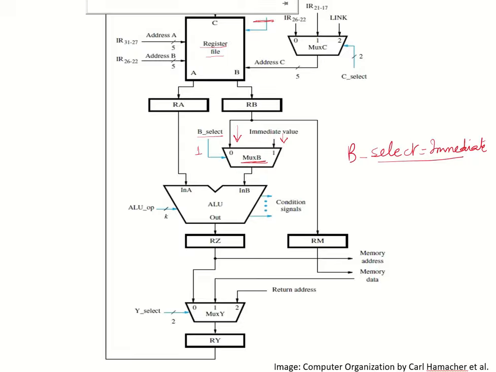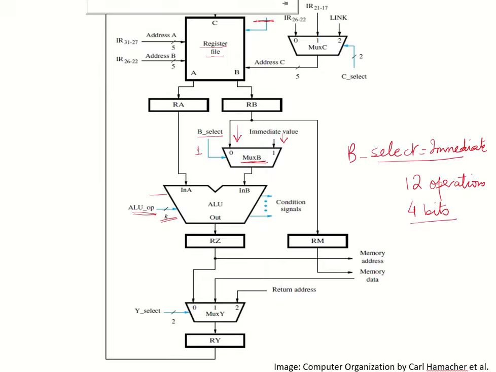The ALU has k bits to specify the ALU operation. If the ALU is capable of performing, say, 12 operations like add, or, nor, XOR, NAND, then the number of bits required for these operations would be 4.